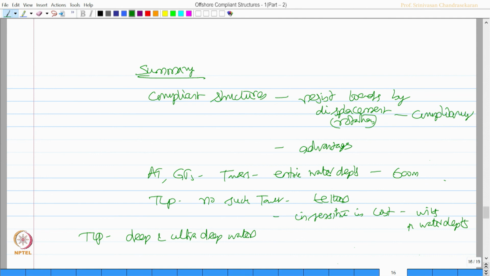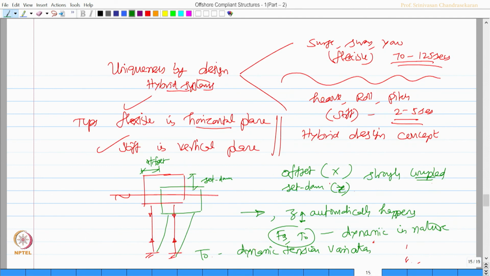Further, we also saw when TLP is subjected to a lateral push, the change in tension, the horizontal component will offer resistance to the load, the vertical component will add stability.